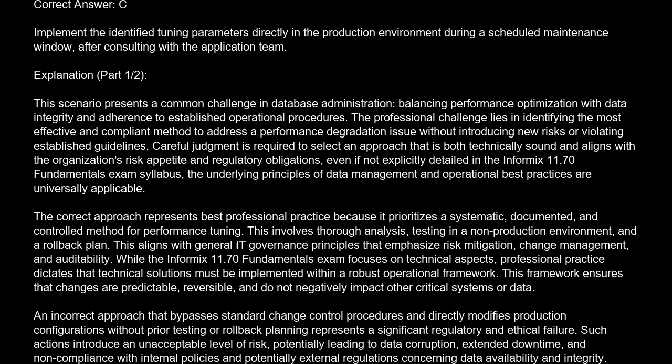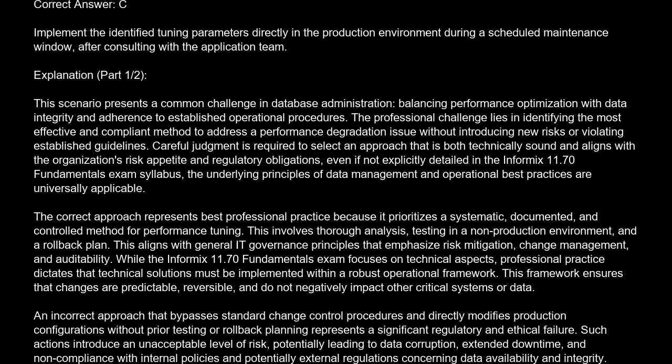The correct approach represents best professional practice because it prioritizes a systematic, documented, and controlled method for performance tuning. This involves thorough analysis, testing in a non-production environment, and a rollback plan. This aligns with general IT governance principles that emphasize risk mitigation, change management, and auditability, while the Informix 1170 Fundamentals exam focuses on technical aspects.